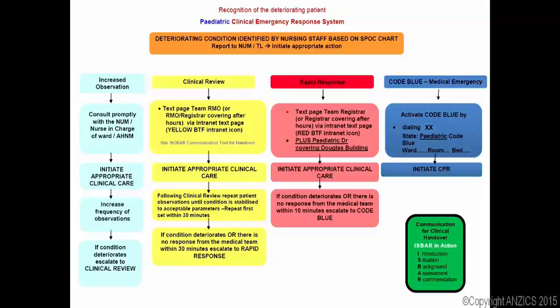So that paediatric expertise arrives, it's clearly documented, everybody knows that's what's going to happen, and then if the condition deteriorates still, it's escalating to their code blue, so they've got their bigger team, the anaesthetist is coming. So it's really clear for staff in that organisation, which is really important. The executives have signed up to this, the hospital signed up to this, they know exactly how they're going to manage their paediatric deterioration.